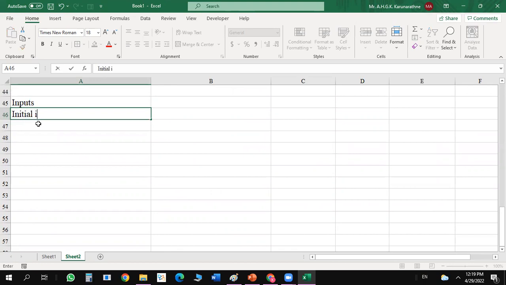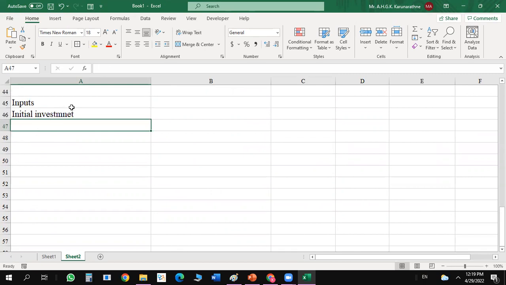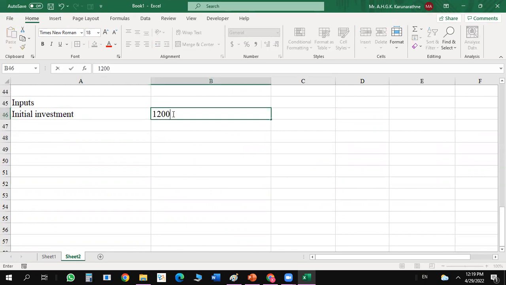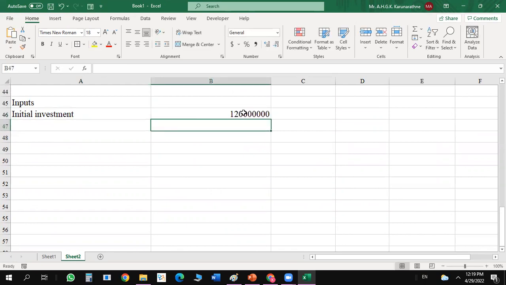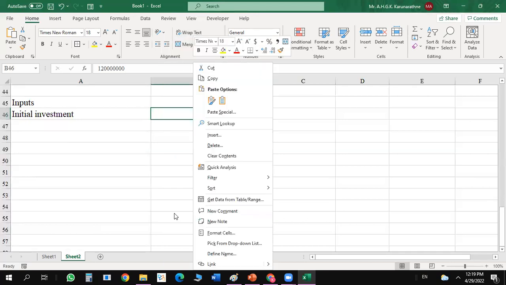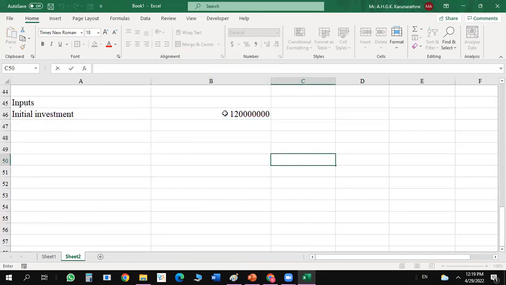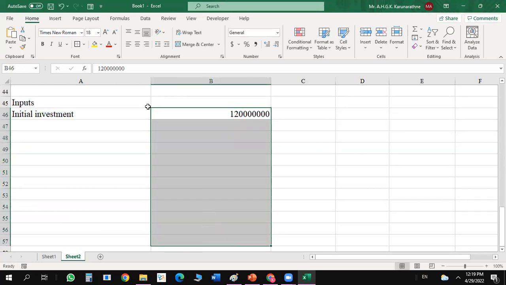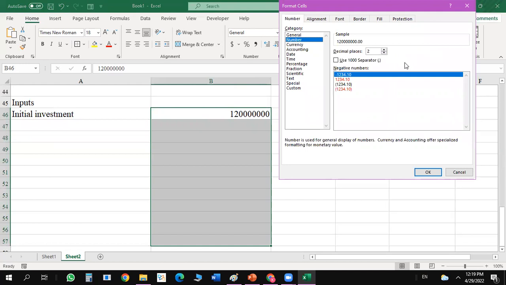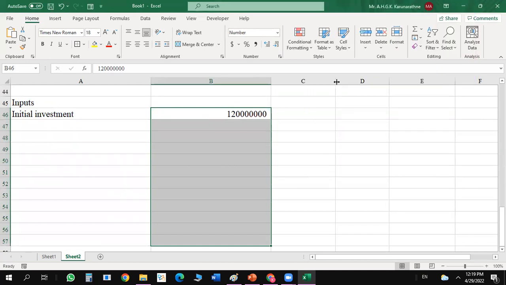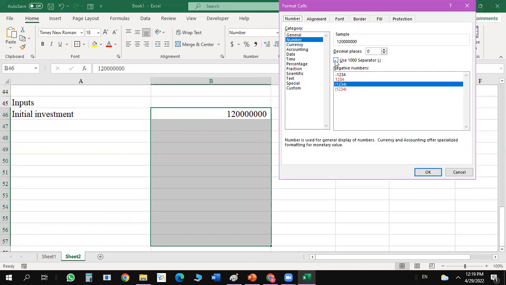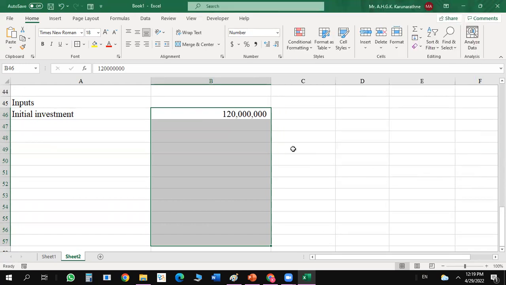Initial investment, I think this 120, right? 120 million.